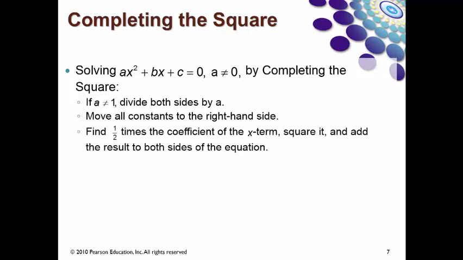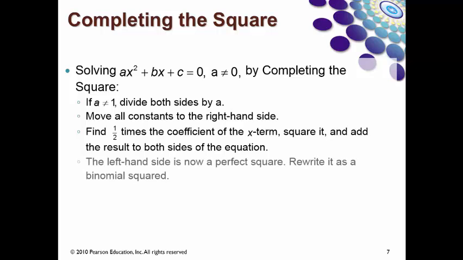Then we'll find half times the coefficient of the x term, square it, and add that on to both sides of the equation. Then the left-hand side will now be a perfect square, and we'll rewrite it as a binomial squared. Then we'll be all set to use the square root property to solve for x.